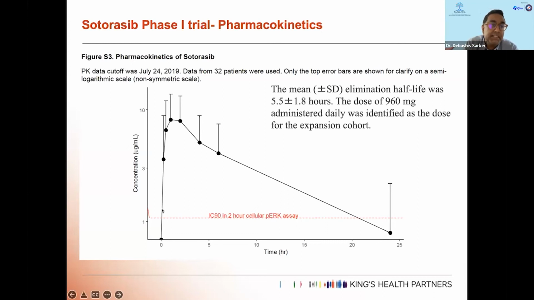And so you can see here that this is the level above which you would expect to see significant pharmacodynamic effect, and you should see significant treatment response.